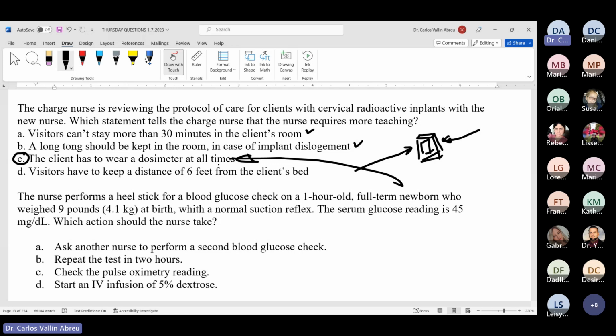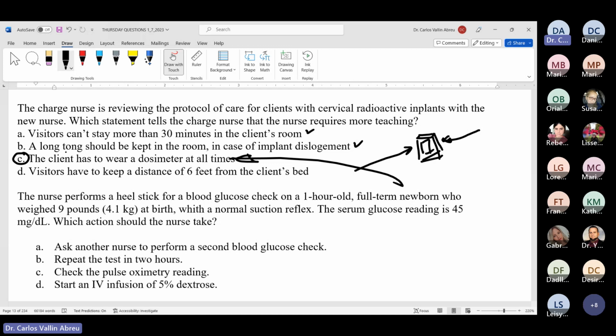That's the rationale for nurses, doctors, CNAs, etc., wearing this badge when approaching clients with a radioactive implant, which is the case presented here.